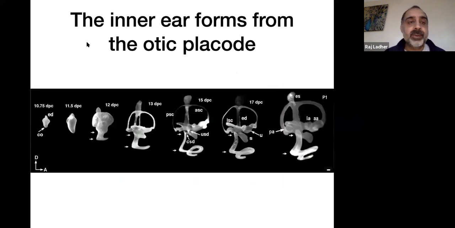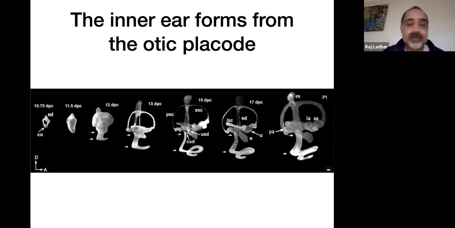The ear, as you all know, is where hearing and balance take place. This fairly complicated structure that you're seeing, the mouse inner ear, comes from just a single placode.